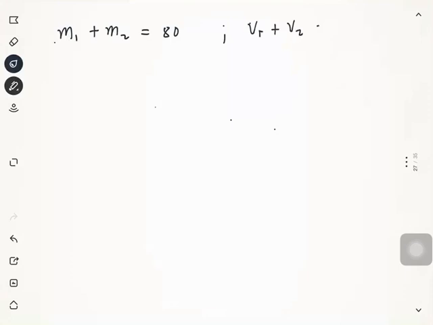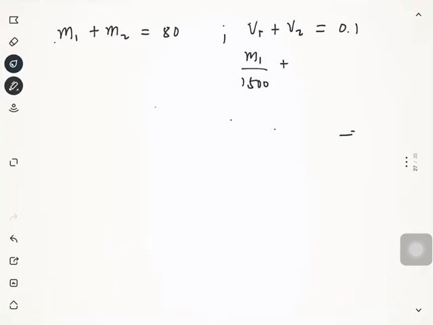And we have volume 1 plus volume 2, equivalent to 0.1. So we will express the volume in terms of mass, since densities are given.